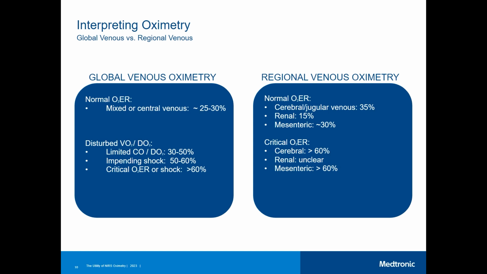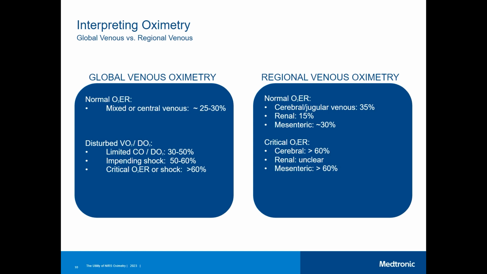And when the relationship between oxygen consumption and oxygen delivery is disturbed, an oxygen extraction ratio of 30 to 50% is consistent with a limited cardiac output and oxygen delivery. An extraction ratio of 50 to 60% is consistent with impending shock. And an oxygen extraction ratio that is rising above 60% is consistent with the onset of shock.